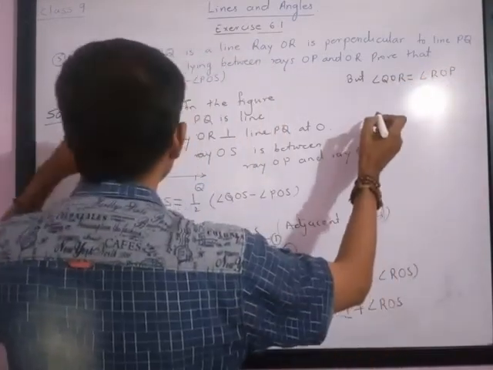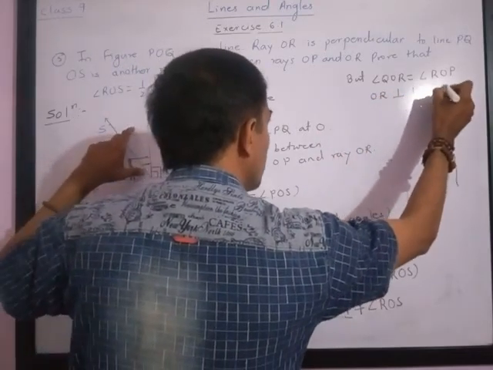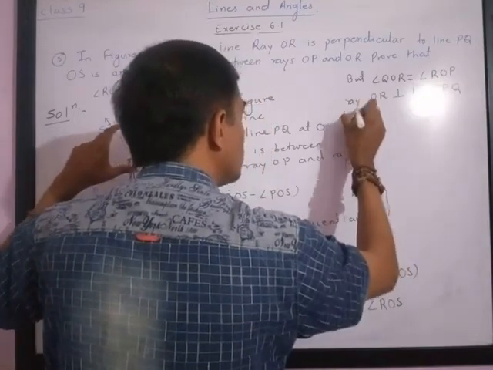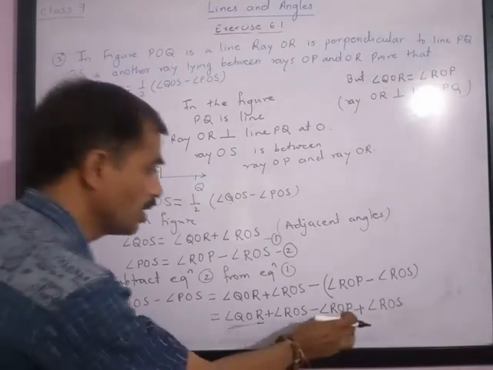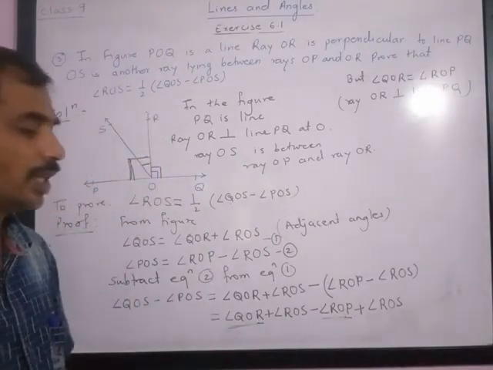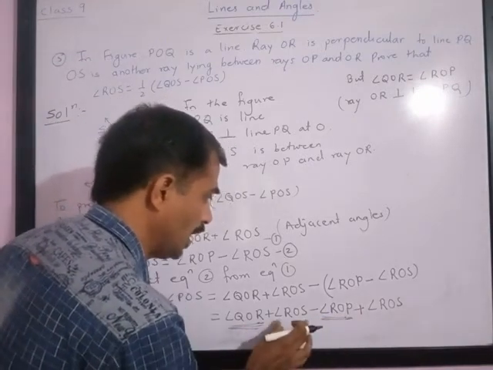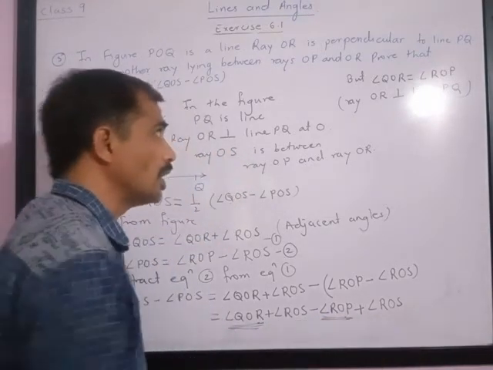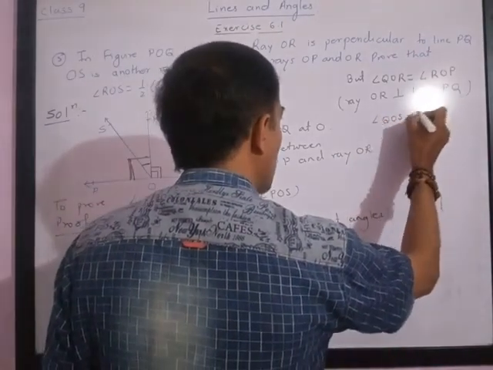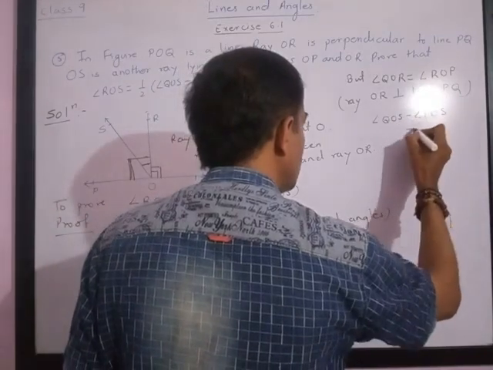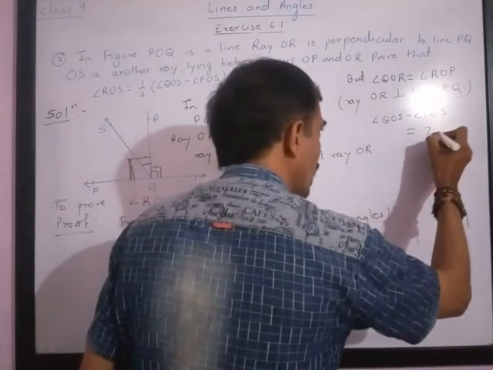The reason is, we are given that ray OR is perpendicular to line PQ, so both are right angles, so they are equal. If both are equal, then they can be subtracted from each other. So this minus this is 0. I will get angle ROS plus angle ROS. So angle QOS minus angle POS is equal to angle ROS plus angle ROS, which is twice angle ROS.